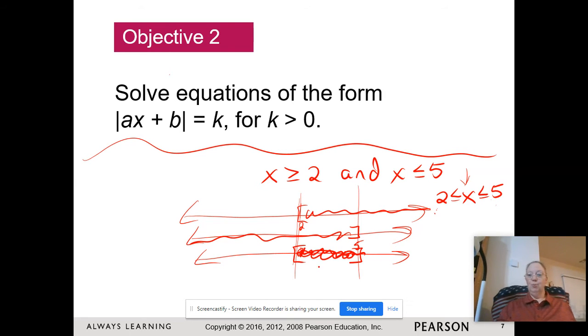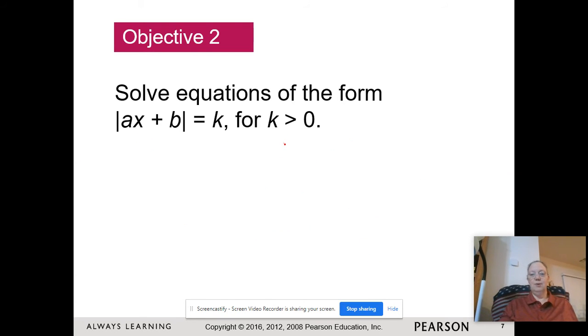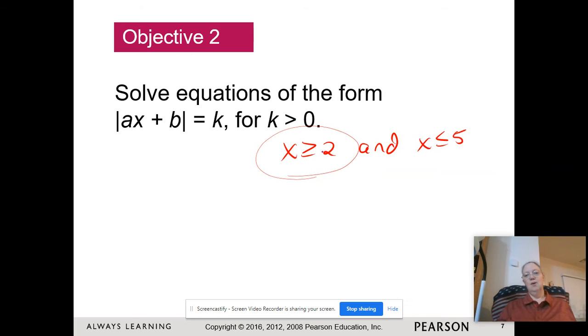I'm also going to show you, without doing the number line, why it works as well. We have x is greater than or equal to 2, and x is less than or equal to 5. What I'm going to do is rewrite this with the 2 on the left. So I have 2, reverse the sign, is less than or equal to x, and x is less than or equal to 5. Do you see how the x is between the 2 and the 5?